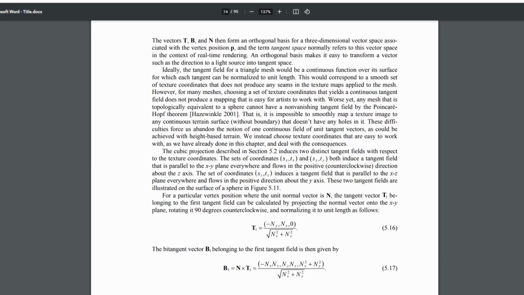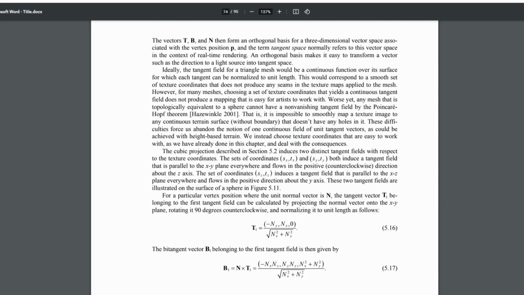Now let's move on to the TBN matrix and calculating T and B with the triplanar coordinates. For any particular vertex position with a unit normal n, the tangent vector is found by projecting the normal vector onto the three planes previously mentioned, yz, xy, and xz, and then rotating these projections 90 degrees counterclockwise.